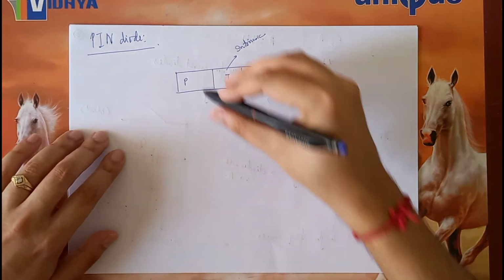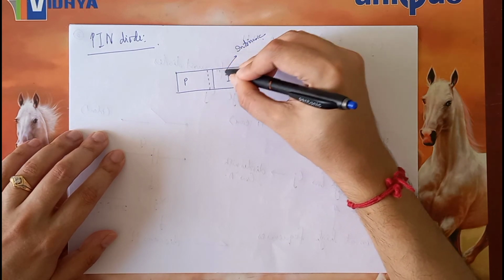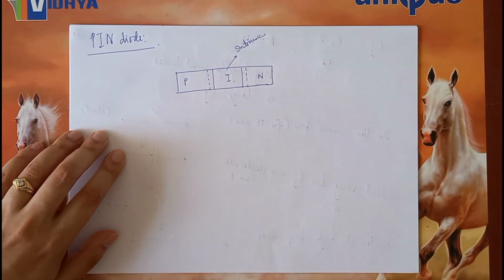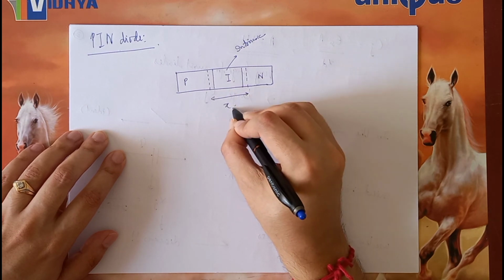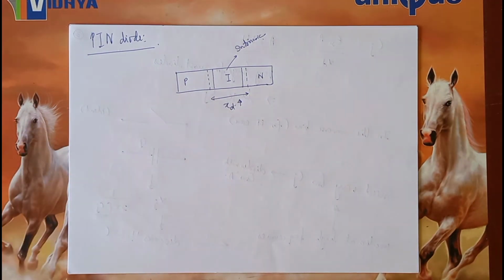Thereby immediately the depletion region essentially becomes like this. This is the entire depletion region. So this Xd is now much higher than what it was earlier. So immediately I can say that the junction capacitance will be very, very low.